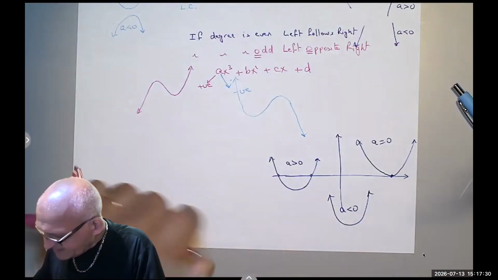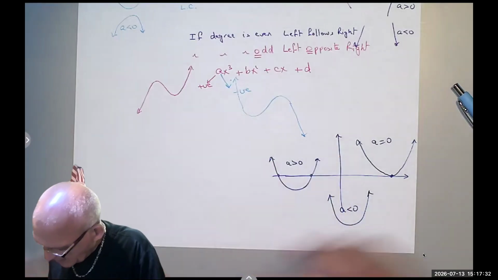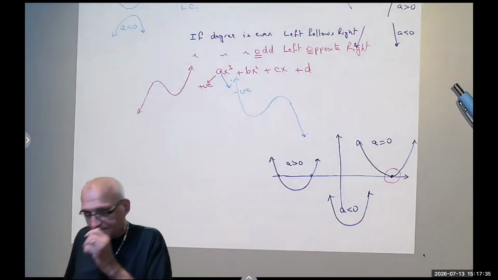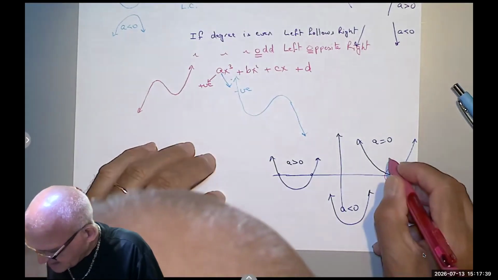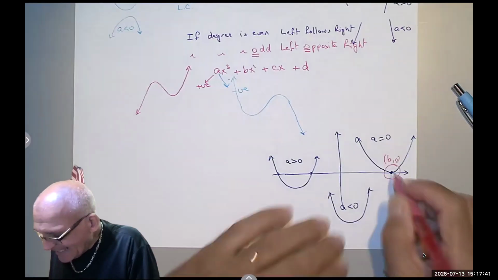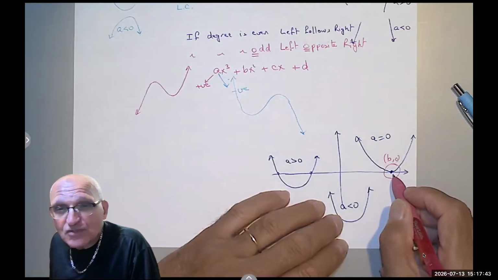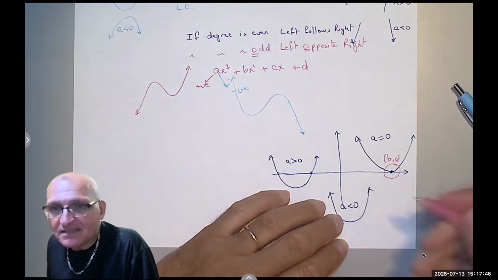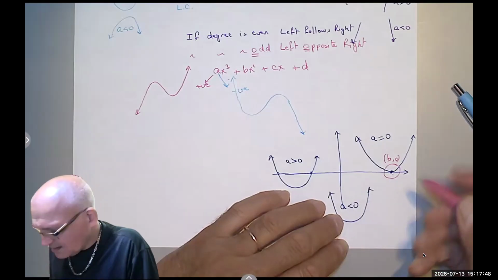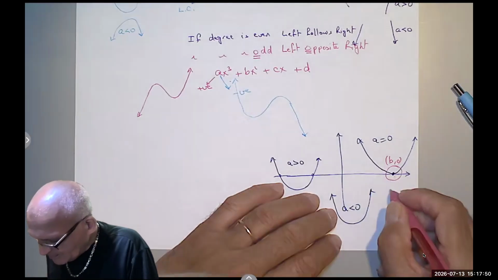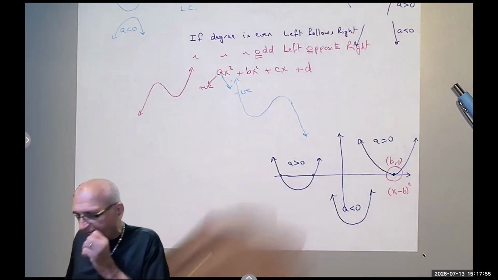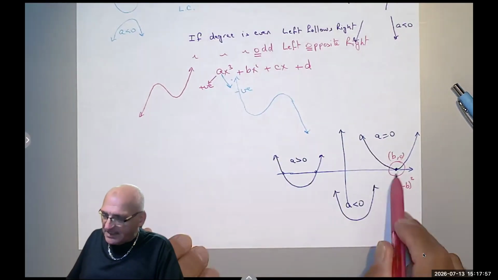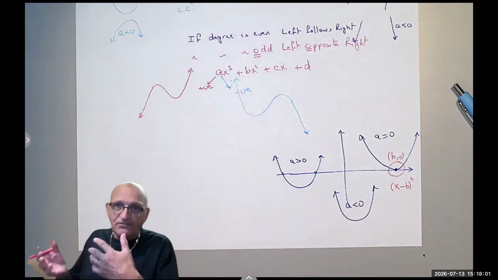But I'm interested now in trying to understand what's going on here. If this point is b and 0, then it says one of the solutions is repeated. Meaning it is in the form x minus b quantity squared. Why x minus b? Because if b is an answer, if x equals b, then x minus b is one of the factors.